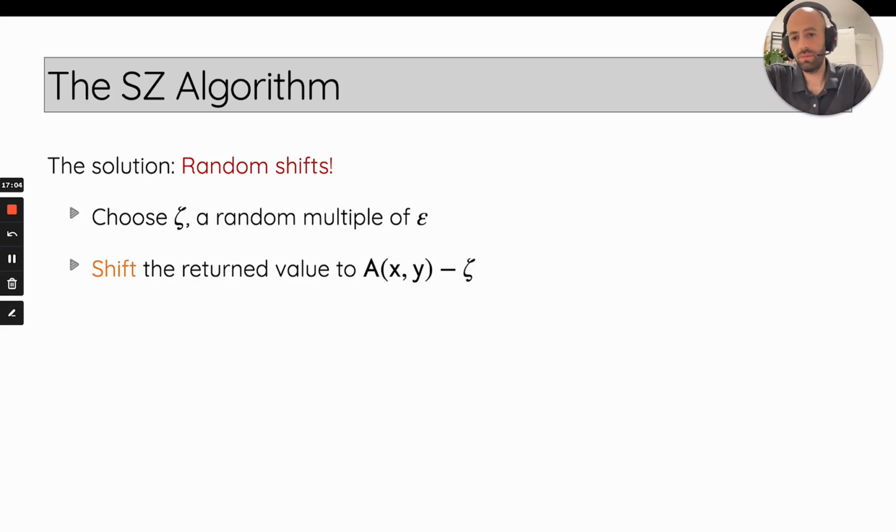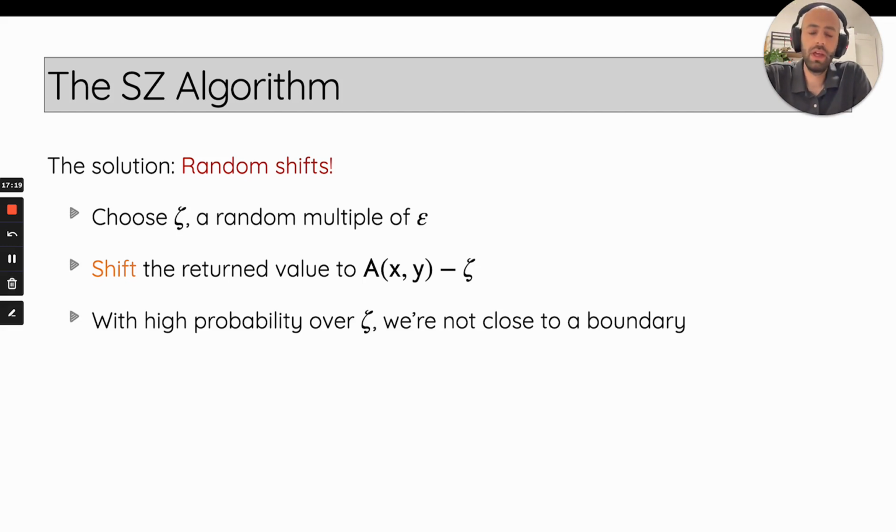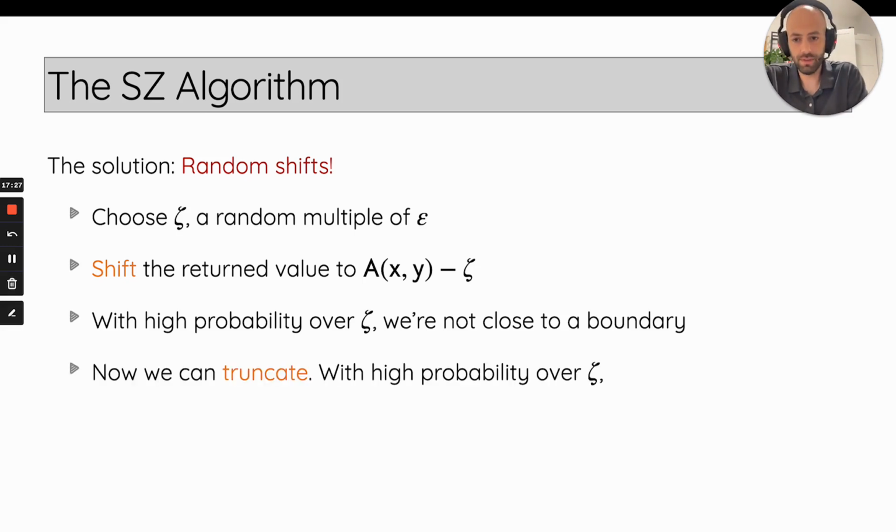So say we choose a random shift zeta, and then we shift each entry of the output matrix, which recall depended on h. Now we can show that with high probability over zeta, our shifted value is good in what sense?